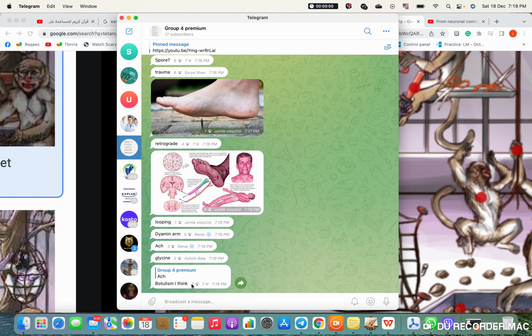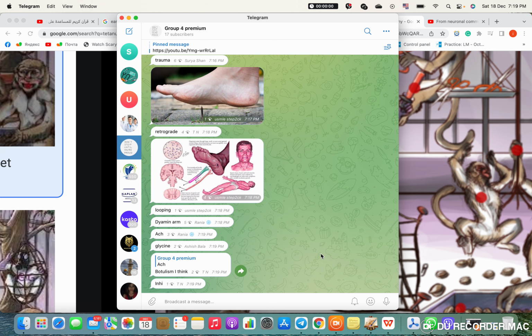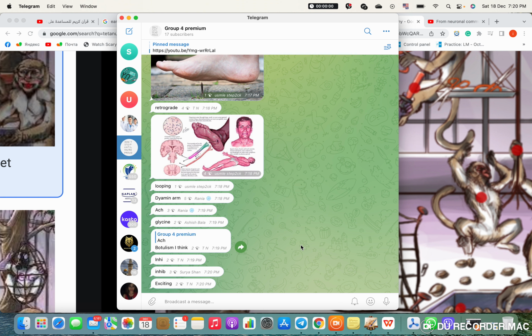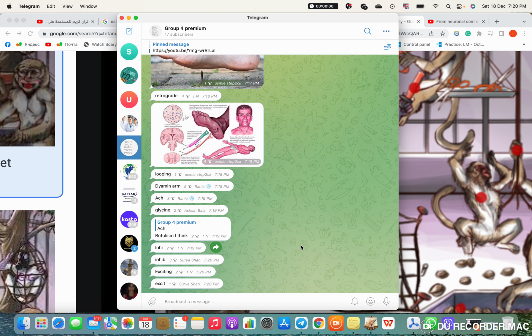Yes, that's for botulism. The acetylcholine is for botulism. So the GABA and the glycine, are they inhibitory or stimulatory? Okay, so inhibitory. Inhibiting an inhibitor will lead to excitement. Absolutely correct.